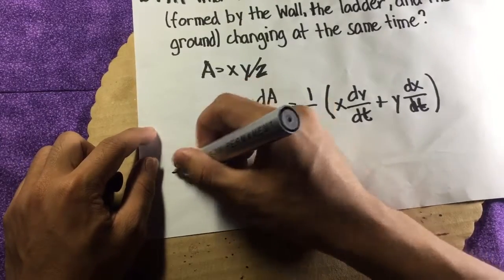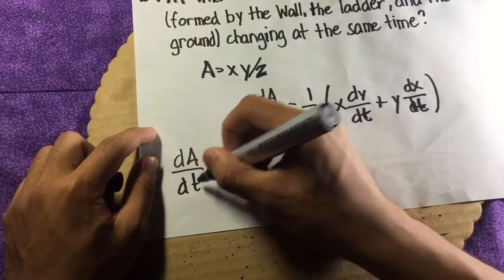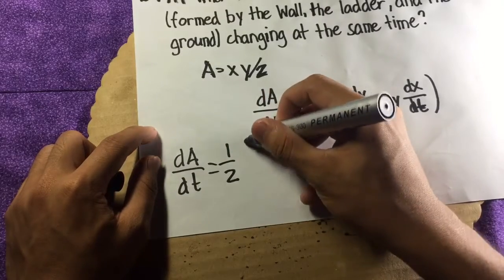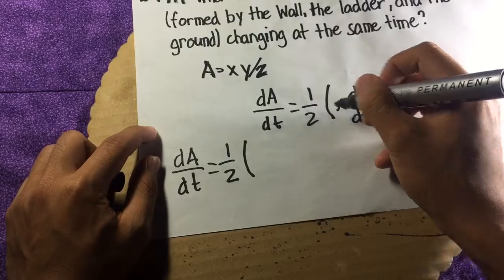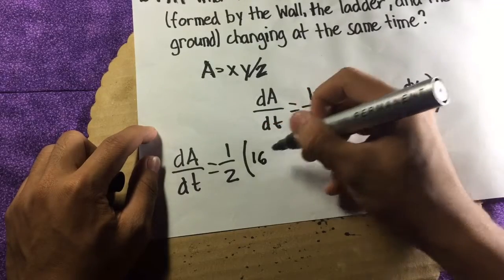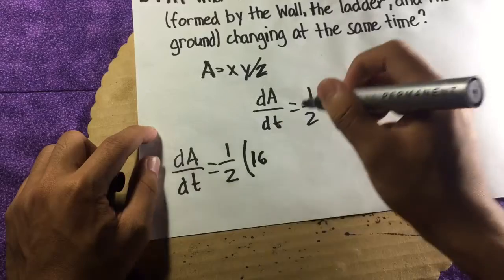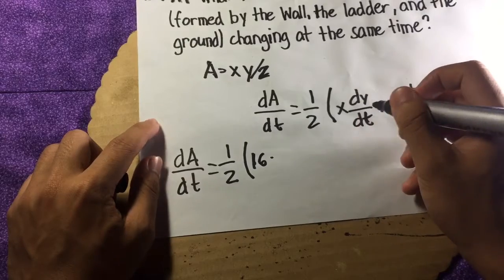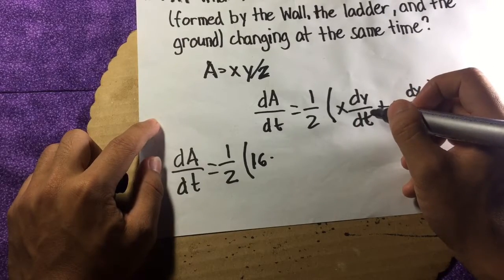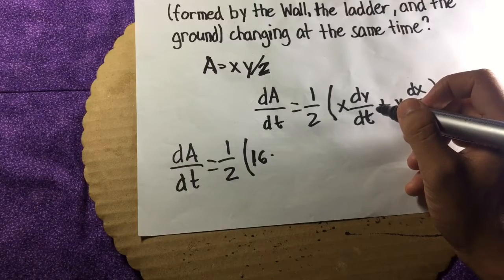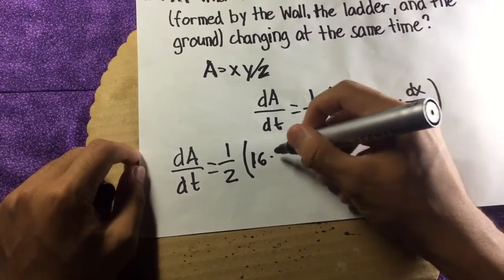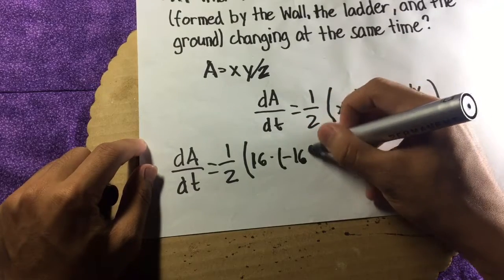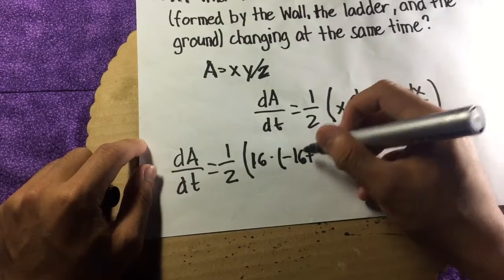So we have dA over dt is equal to 1/2 times our x, which is 16, multiplied by our dy dt, which is negative 16.